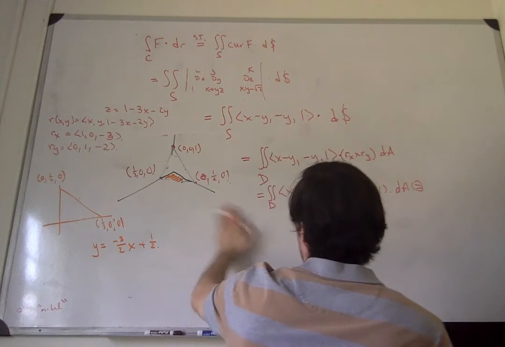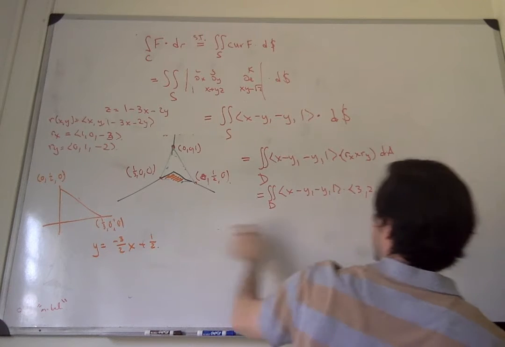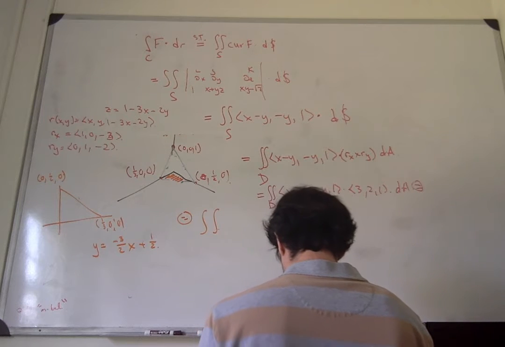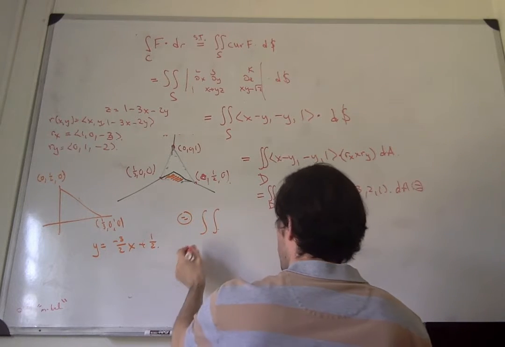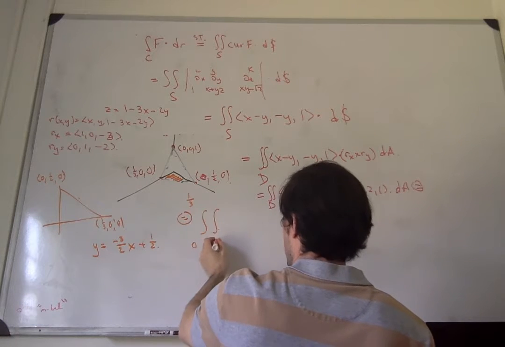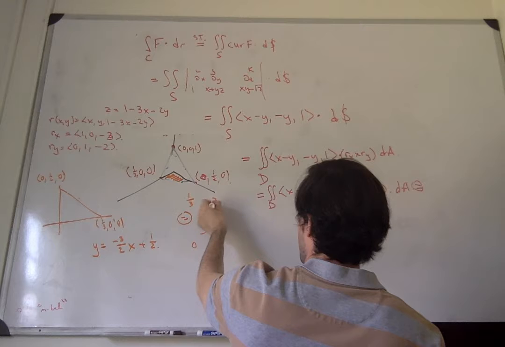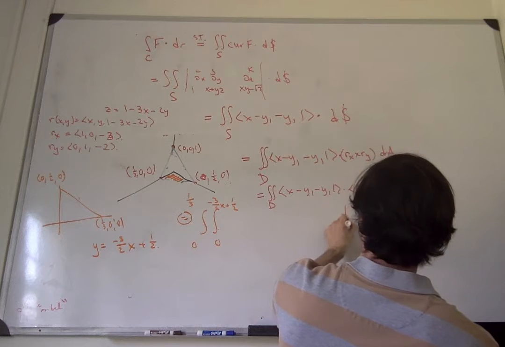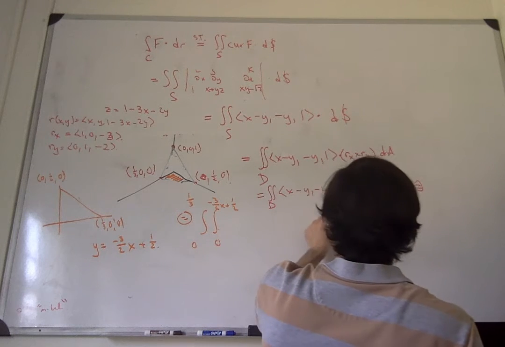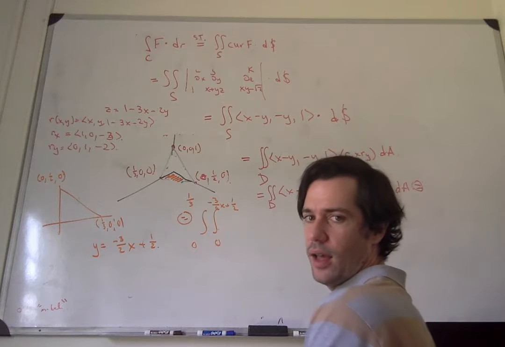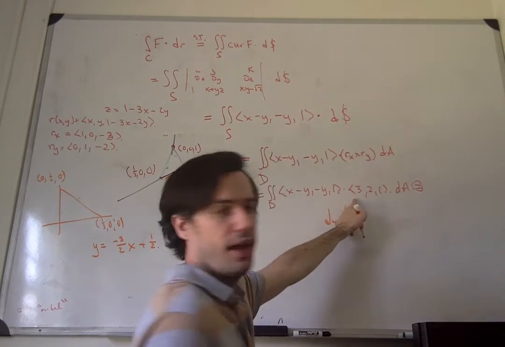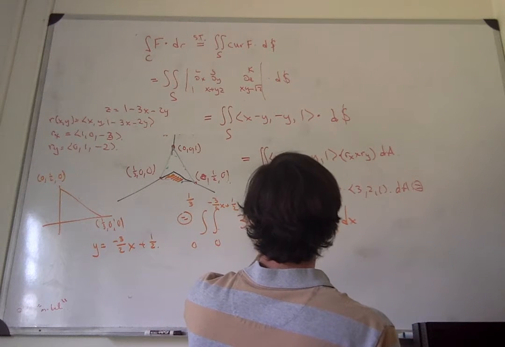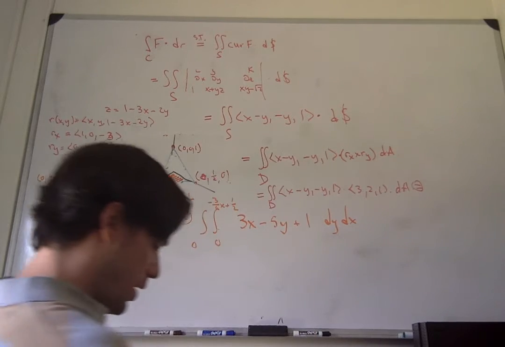Okay, so if we go a little further, we can now convert this into actual coordinates. So you get 0 to 1/3, 0 to negative 3/2 x plus 1/2, right? So the outside part is going to be dx, the inside part is going to be dy, and then I'm going to multiply this dot product together, and it should give me 3x minus 5y plus 1.